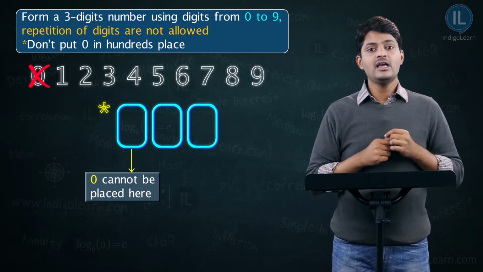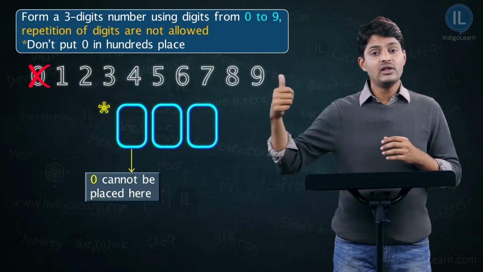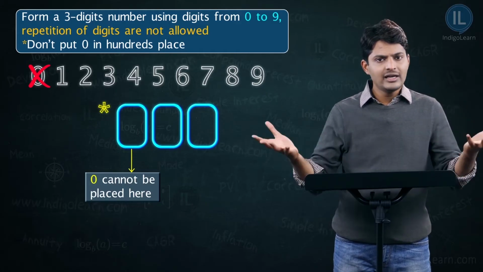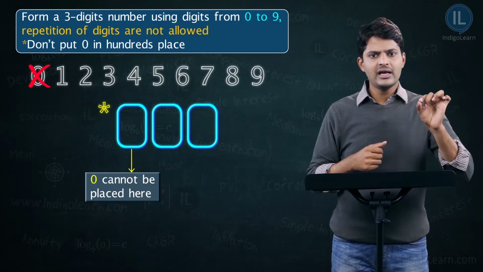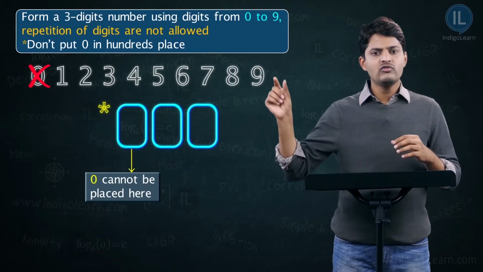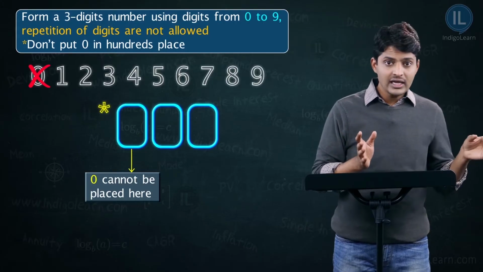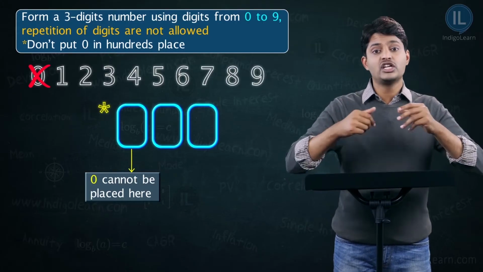So, you tell me guys, in how many ways can I fill the hundreds place? Can I do it in all 10 ways? That means, in other words, if I want to fill the hundreds position, can I use any number from 0 to 9 or do I have any restriction?